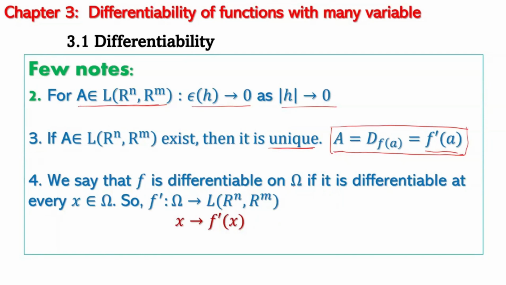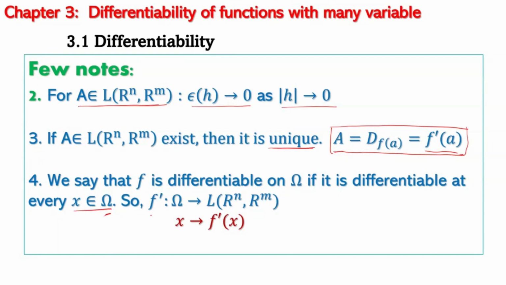Now f is differentiable on omega if it is differentiable at every x belonging to omega. We defined it before only at a particular point a; now it is for all points of omega.